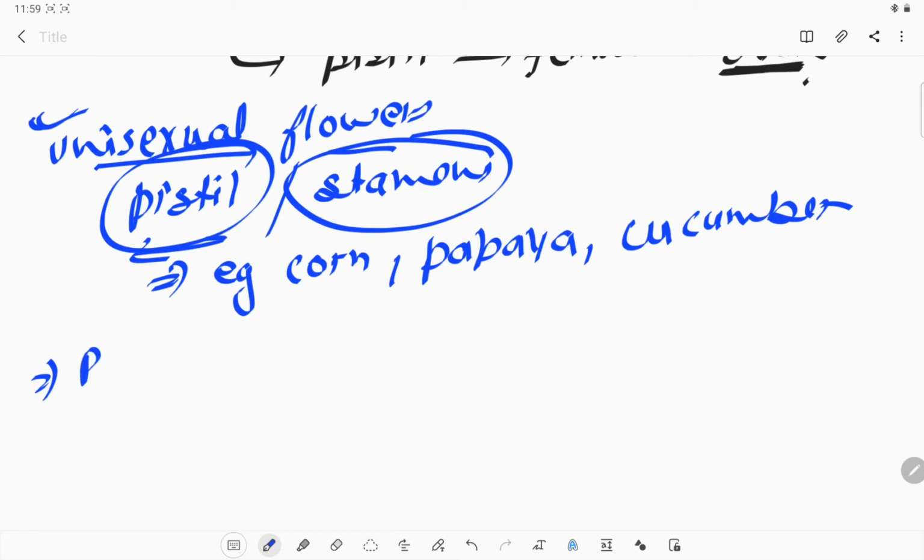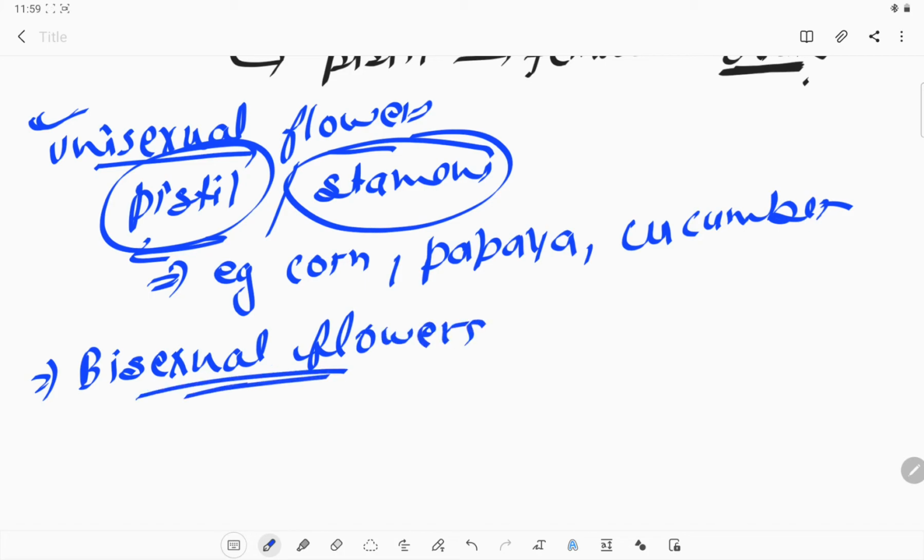What are normally the other flowers? They are bisexual flowers. What do you mean by bisexual flower? That means both the sexes are present in the flower. They contain the stamen, which is the male portion, as well as the pistil, which is the female reproductive portion, in the same flower.